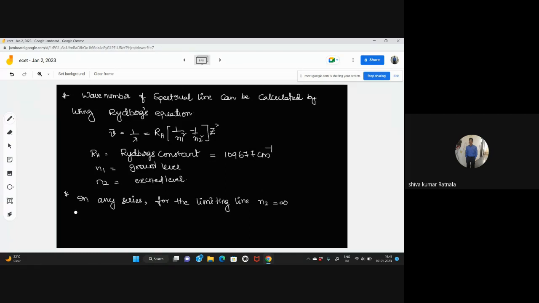Already I have taken an example: in the Balmer series, for the H alpha line, n2 equals 3 and n1 equals 2. For the H beta line, n2 equals 4 and n1 equals 2. For the H gamma line, n2 equals 5 and n1 equals 2.